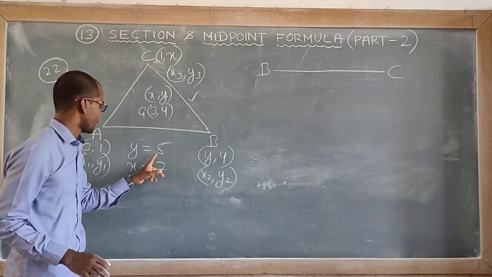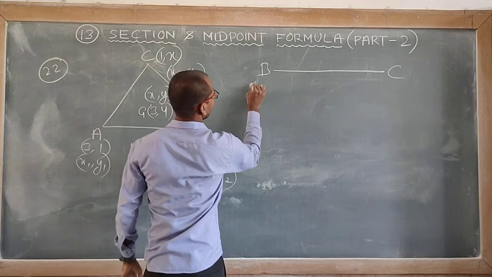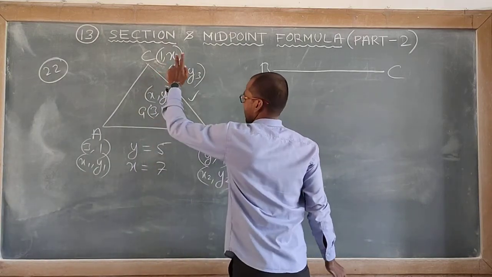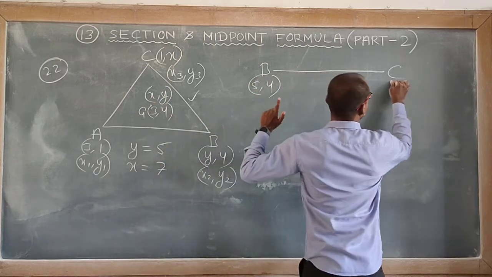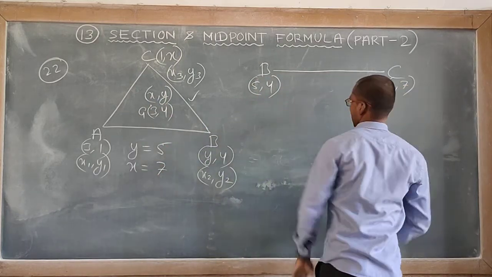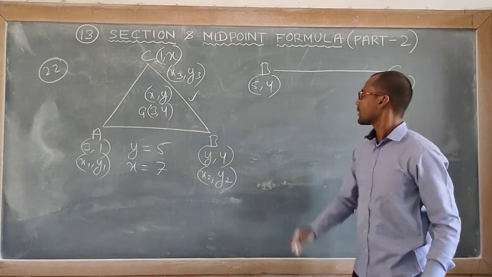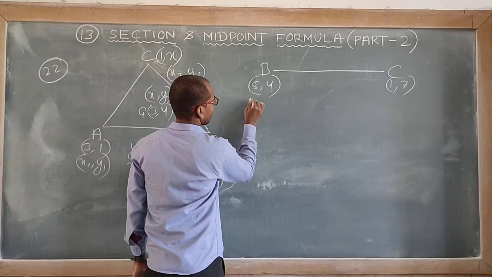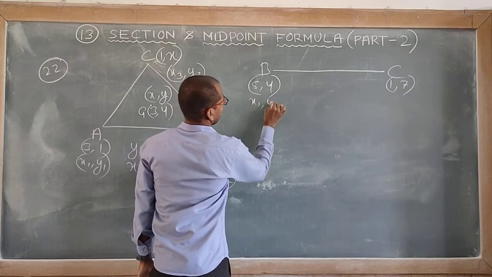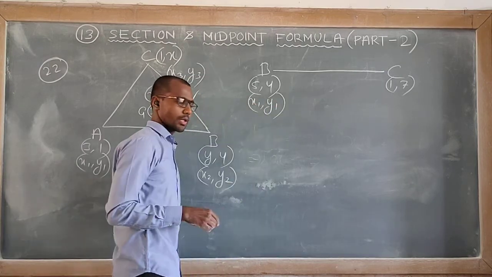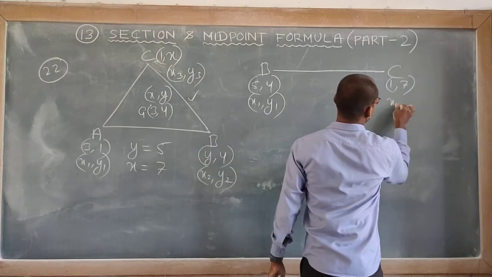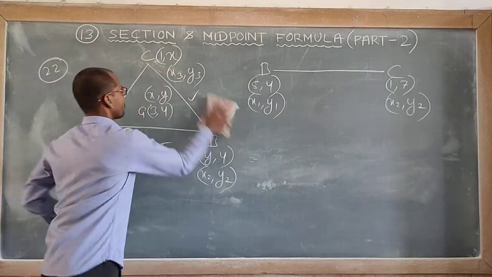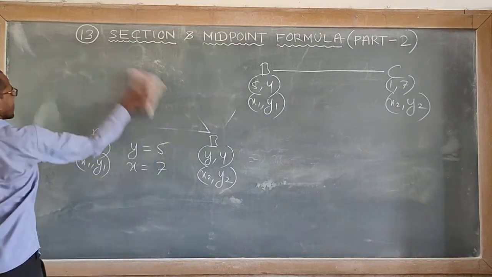What is y? 5. 5 comma 4. What is C? 1 comma x. What is x? 7. 1 comma 7. Forget this triangle. Now focus on this line segment BC. Presently, this is x1 y1. This is x2 y2. And our target is to find the length of BC.